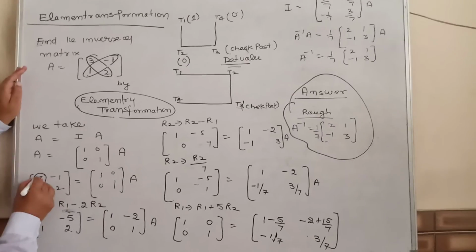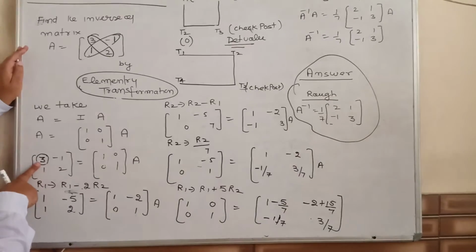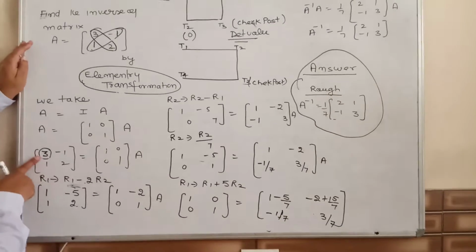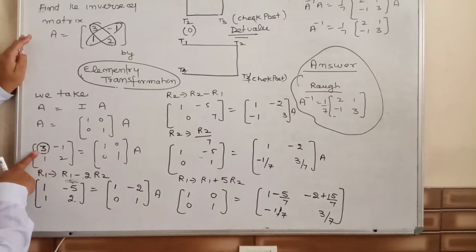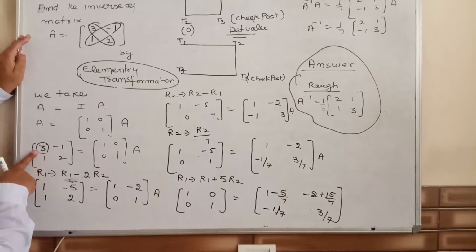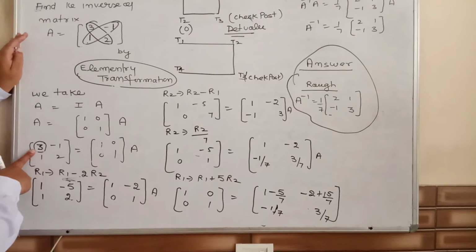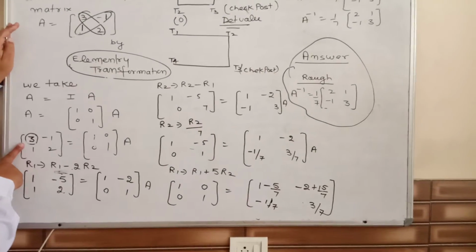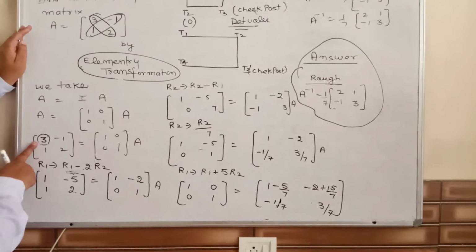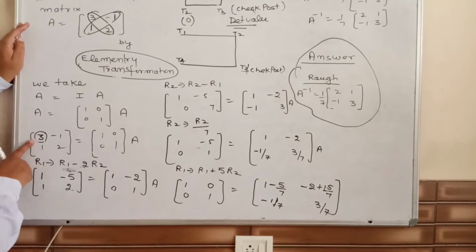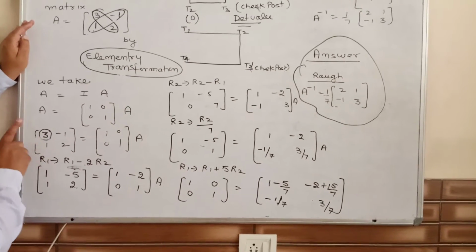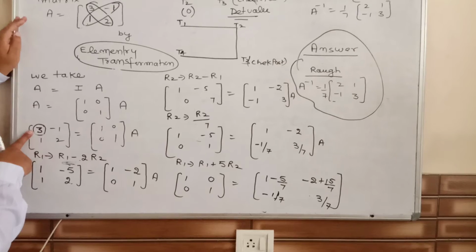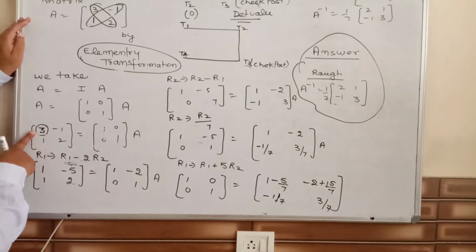That is, here we have the 3. Now we have to make it 1, but we can't make it 1 by simply dividing by 3. 99% of students make it 1 by dividing by 3. You can divide any row by any scalar, and this is not a wrong operation.